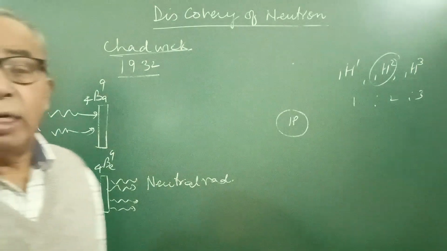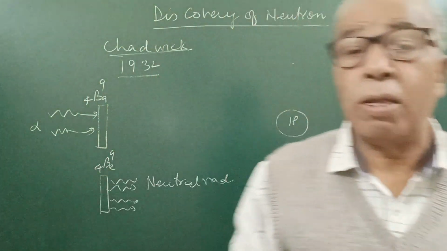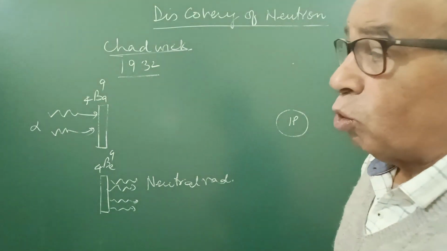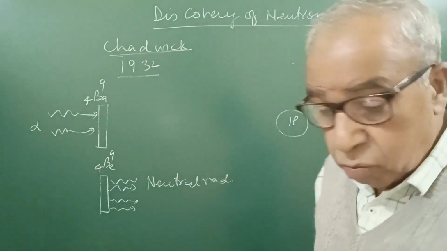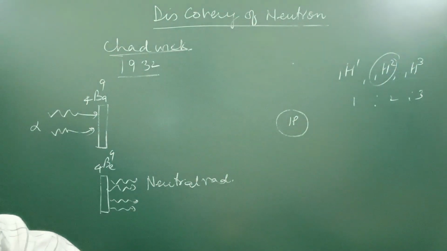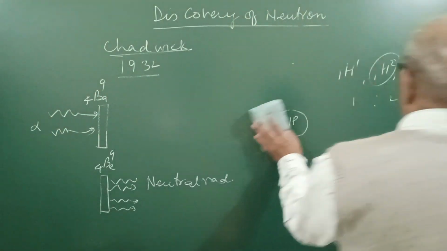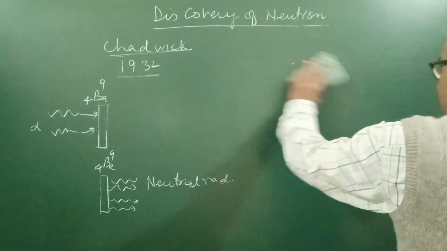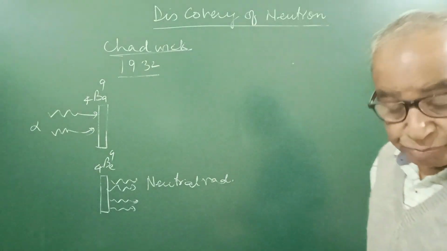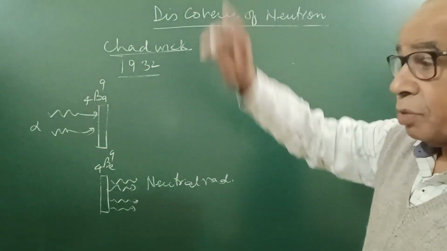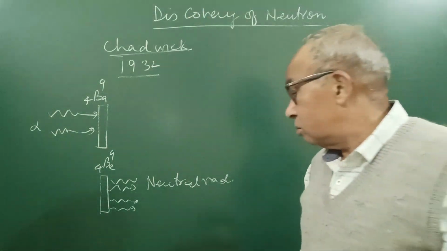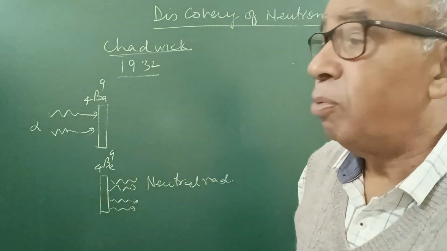The only neutral radiation known at that time was the gamma photon, electromagnetic waves, which are called gamma rays. So they were supposed to be gamma photons.